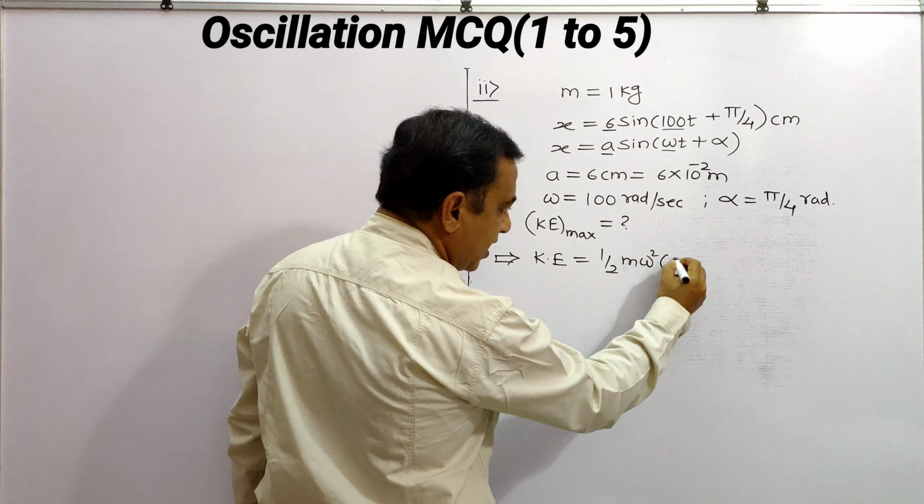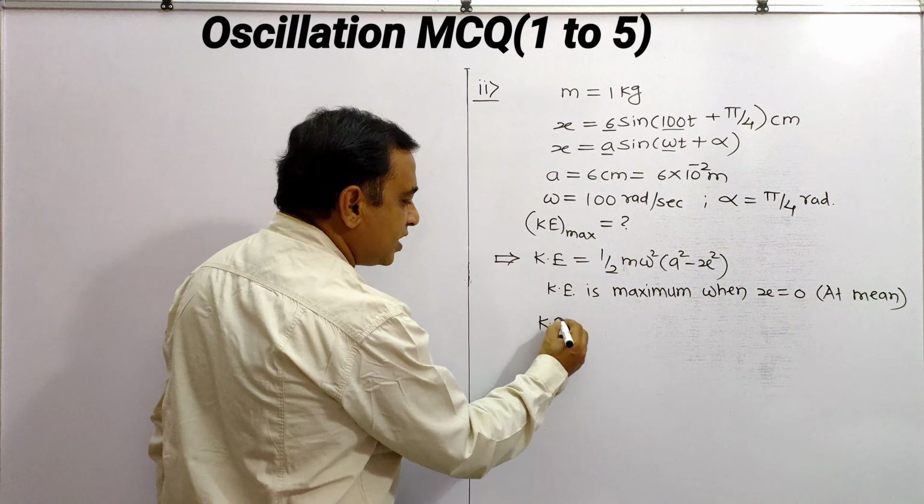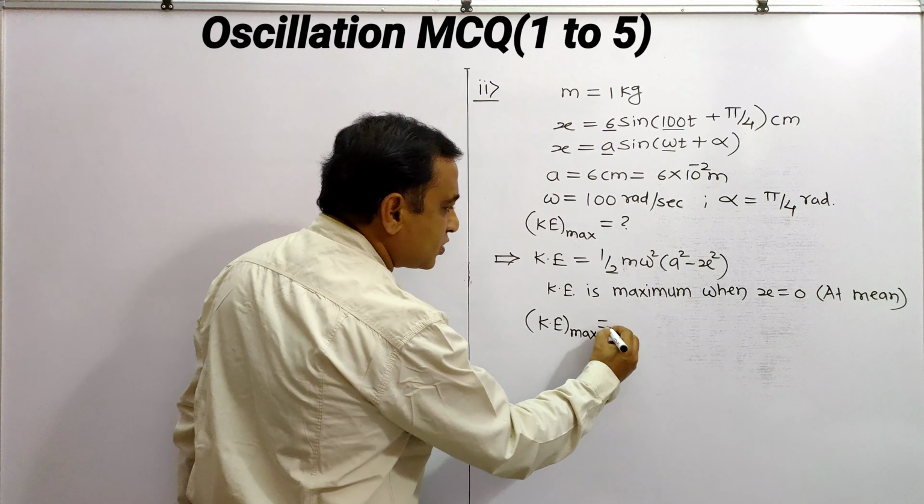Kinetic energy is maximum when x is equal to 0. That means at mean position. Considering that, kinetic energy is maximum when x is equal to 0.